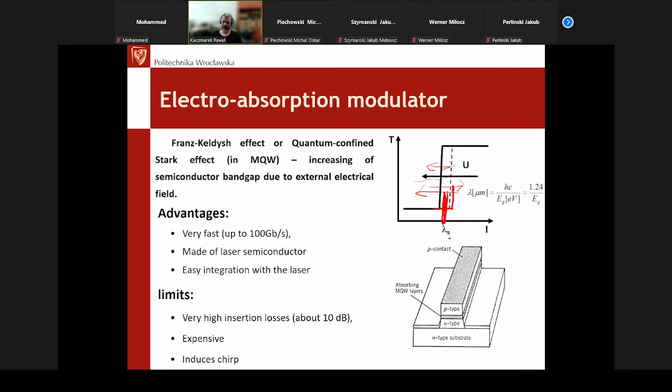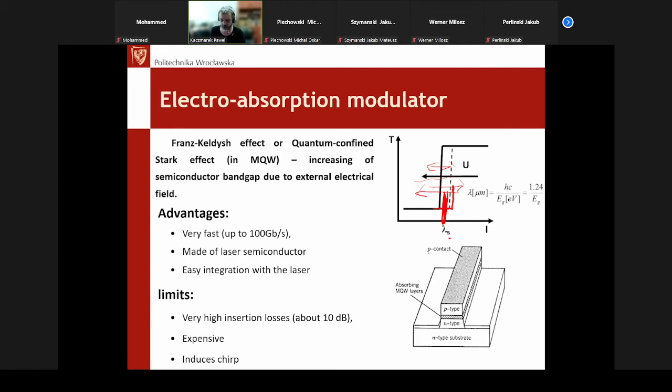But if you remember how we can control the wavelength of the semiconductor laser, we are controlling it directly using the same effect. I mean, this band gap relates to the wavelength emitted by the laser. So in fact, exactly the same type of semiconductor can be used for making the light source, and next to this light source we can build such an electro-absorption modulator.